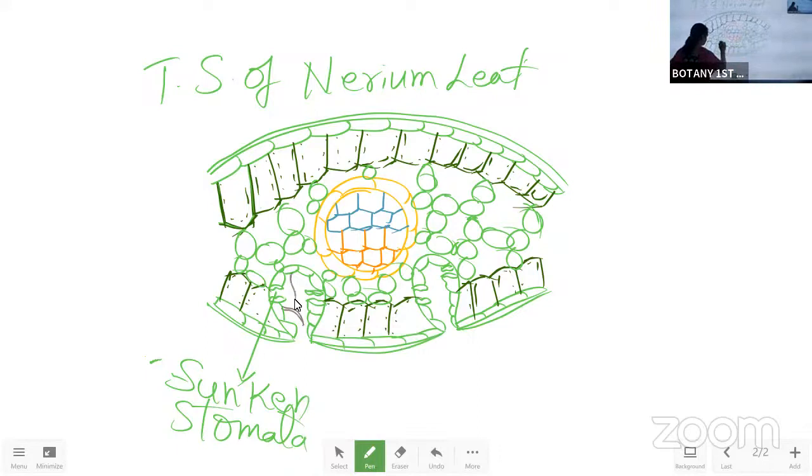And these are the hair-like structures which will remove the hot air so that it is easy for the leaf to reduce the rate of transpiration. Well planned. When it is making its cells, it's perfect planning. And this is the cuticle.